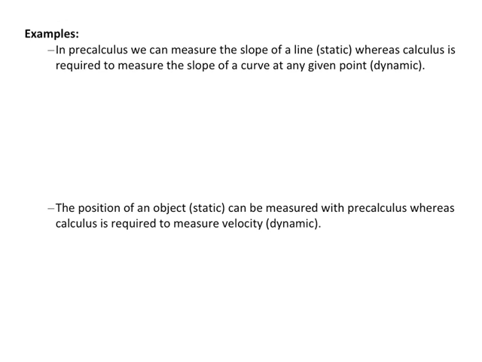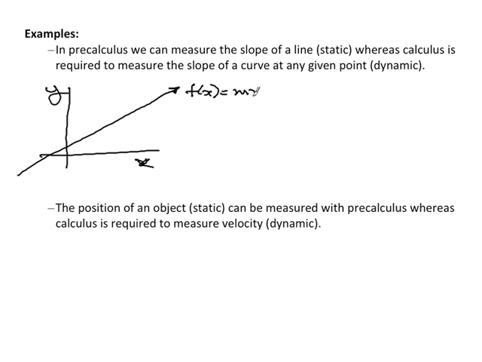Now in pre-calculus, you can measure the slope of a line. That's static. Whereas in calculus, is required to actually measure the slope of a curve. So here we go. Let's start off with just some linear function, it doesn't really matter what it is. I'm going to say f of x equals mx plus b, where m is the slope of the line.